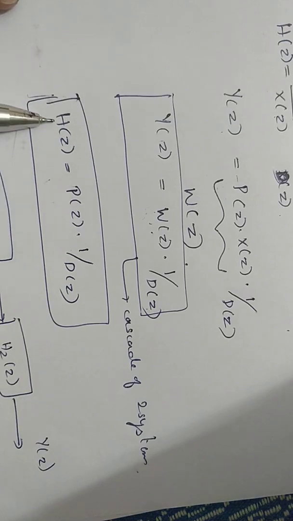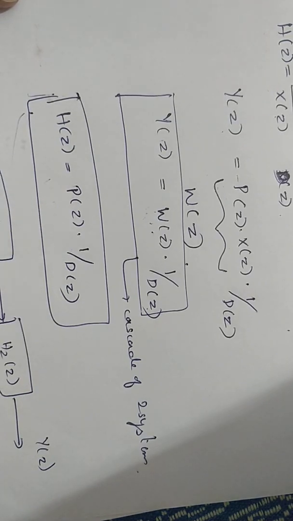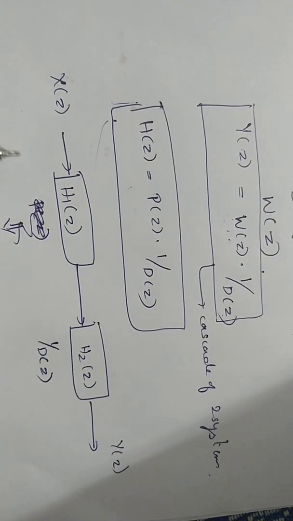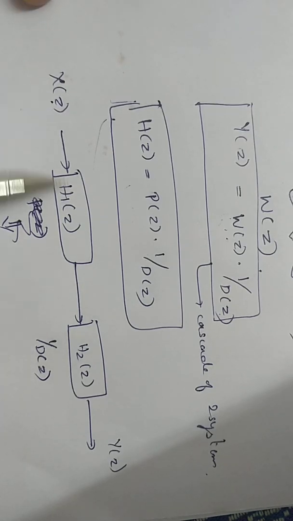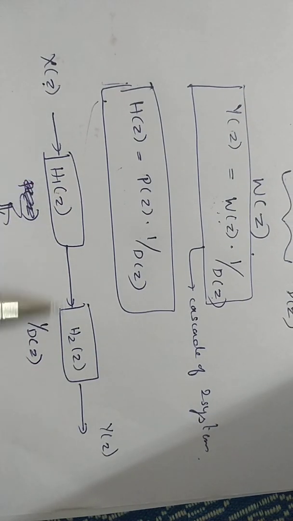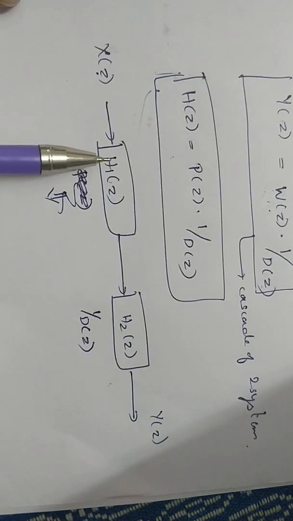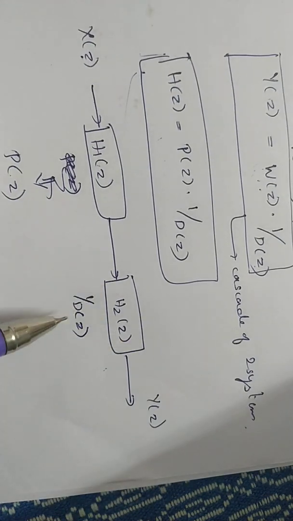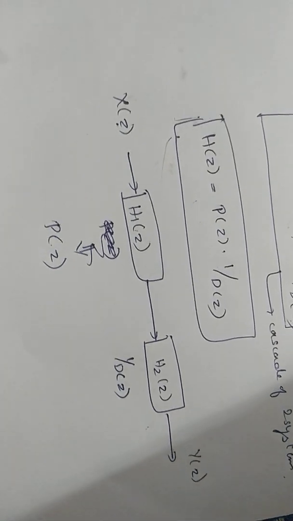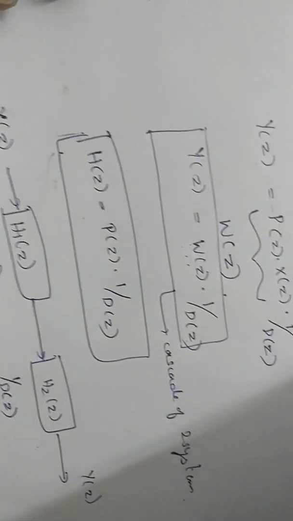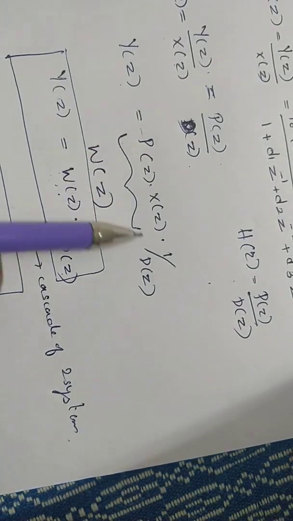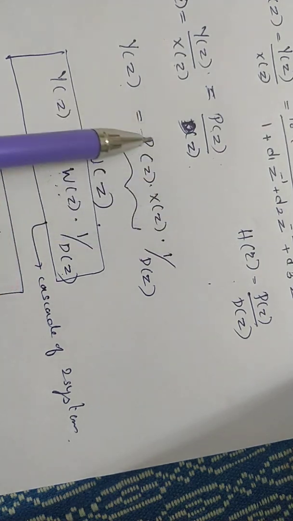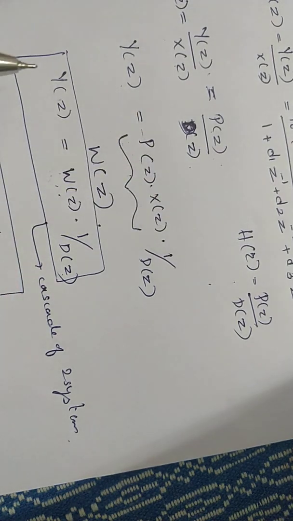Then H of z is the cascade of P of z into 1 by D of z. Two subsystems, X of z is the input, Y of z is the output, H1 and H2 are the two subsystems, where H1 of z is P of z and H2 of z is 1 by D of z. First we are considering only this part, that is W of z is equal to P of z into X of z.